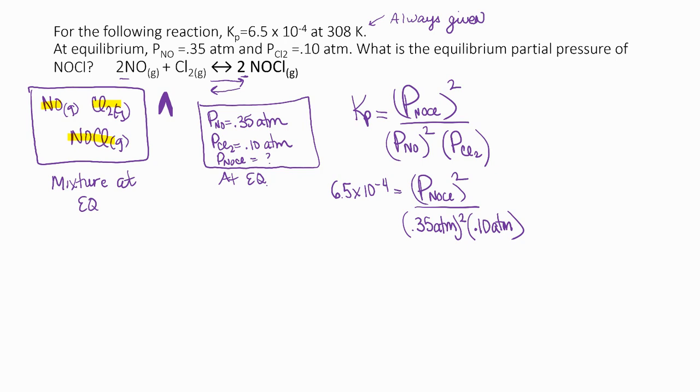Okay, so we're going to solve for the pressure of NOCl. I have my answer worked out, but I'm just going to double check it one more time. Okay. I got 2.8 times 10 to the negative 3.